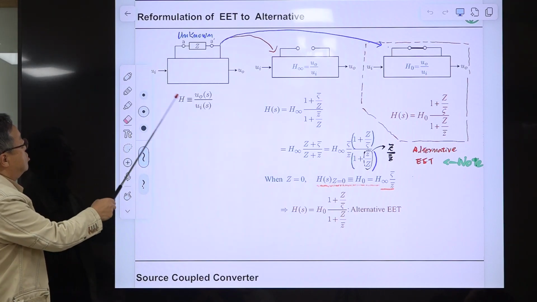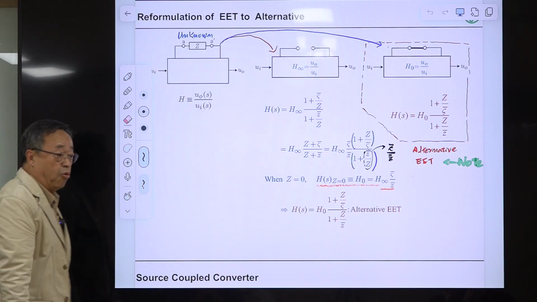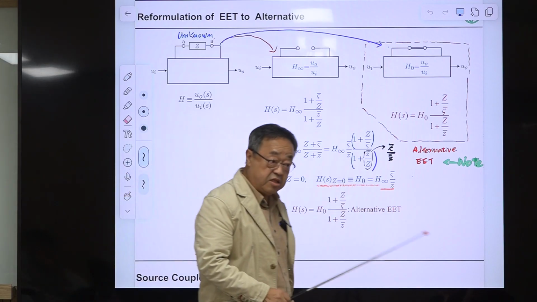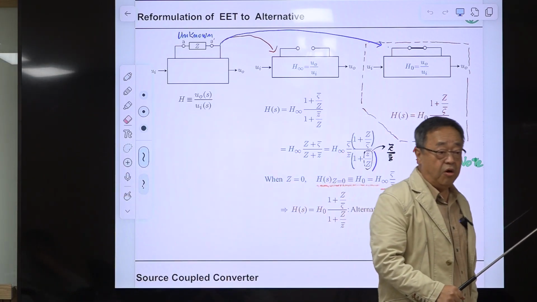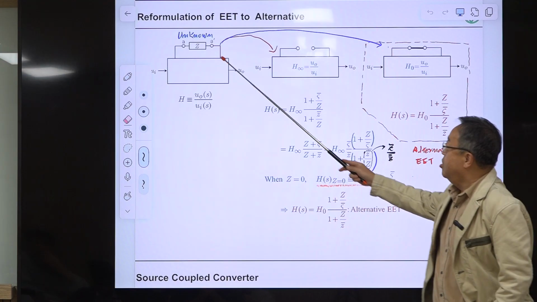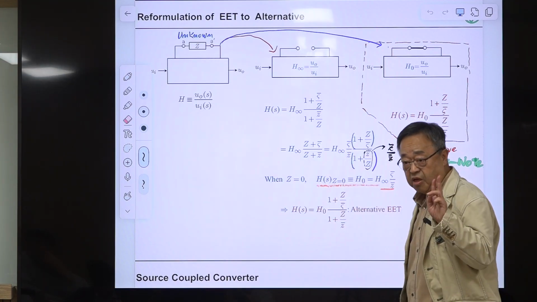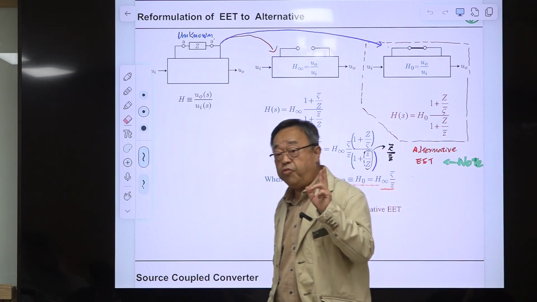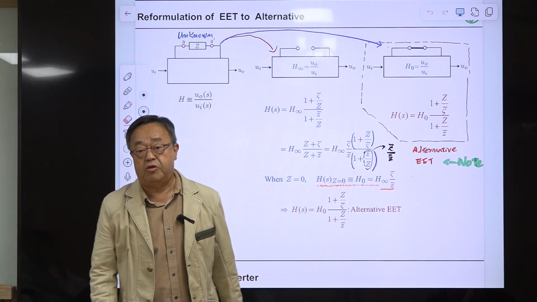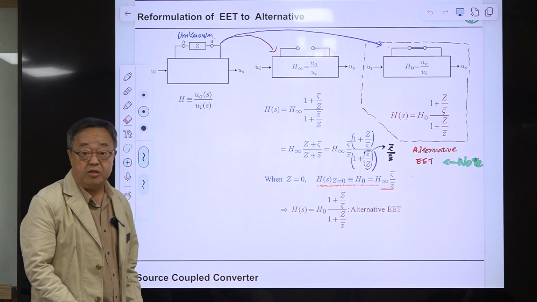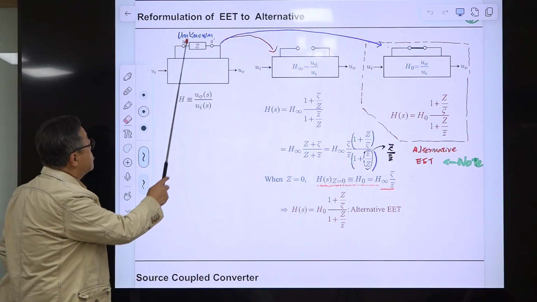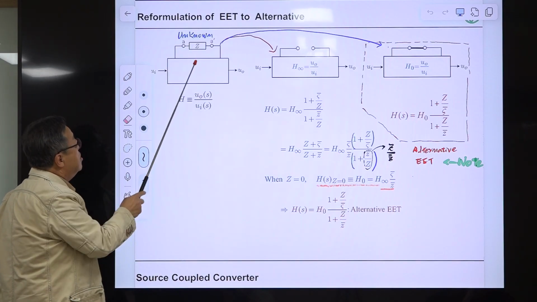This is our situation. This is the two-port network, and for our case, this is the converter, the coupled converter. But one of the impedance elements is unknown, undefined. So we don't have any knowledge about this. So there is a problem. This is the initial problem.